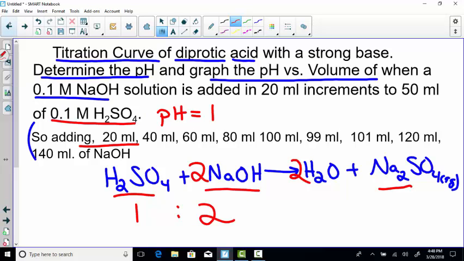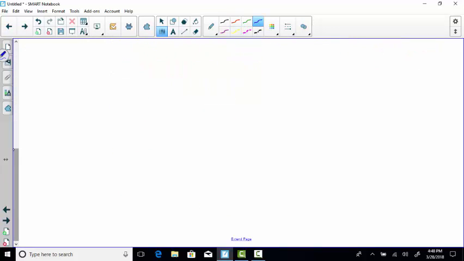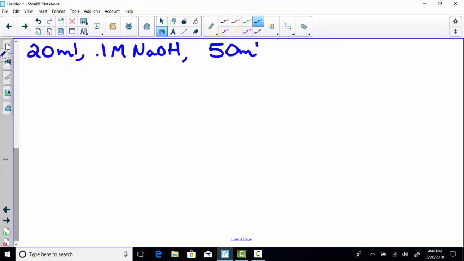I'm just going to slide down here. I want to start with a kind of blank slate. We are going to add the 20 milliliters of 0.1 molar NaOH to the 50 milliliters of 0.1 molar H2SO4. Let's look at what happens when we do this.